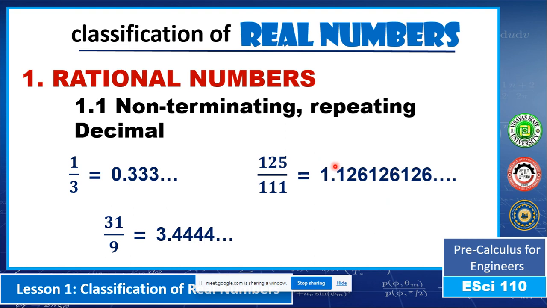Then, the other type of rational number is the non-terminating and repeating decimal.